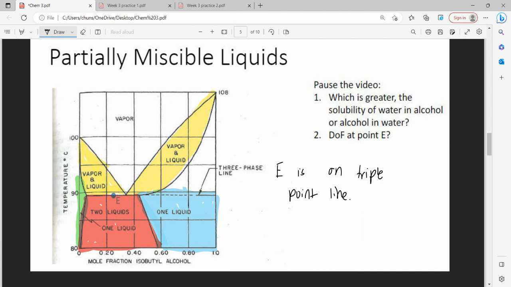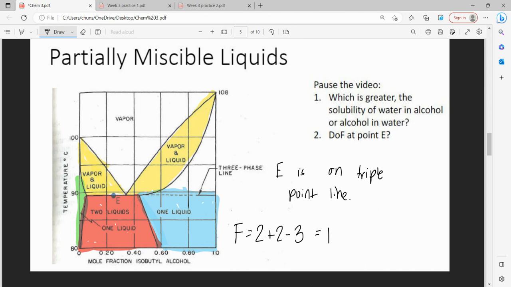That means we have three components. Binary system. 2 components plus 2 minus 3 phases. So this is equal to 1.